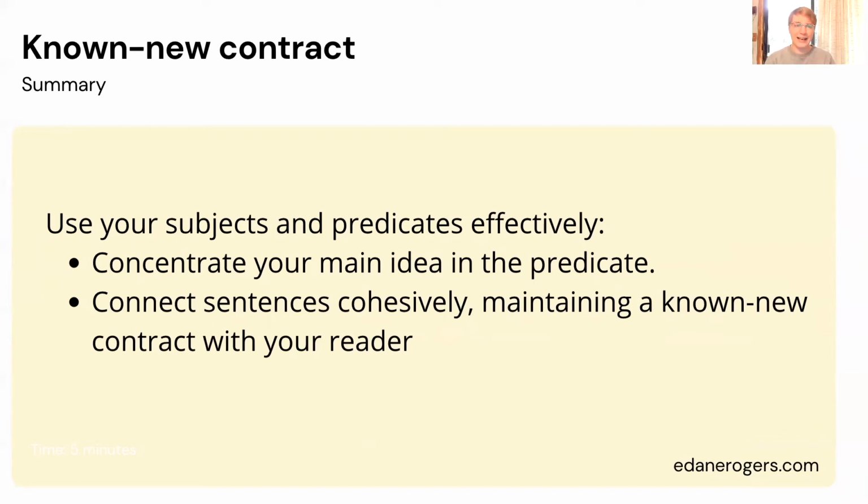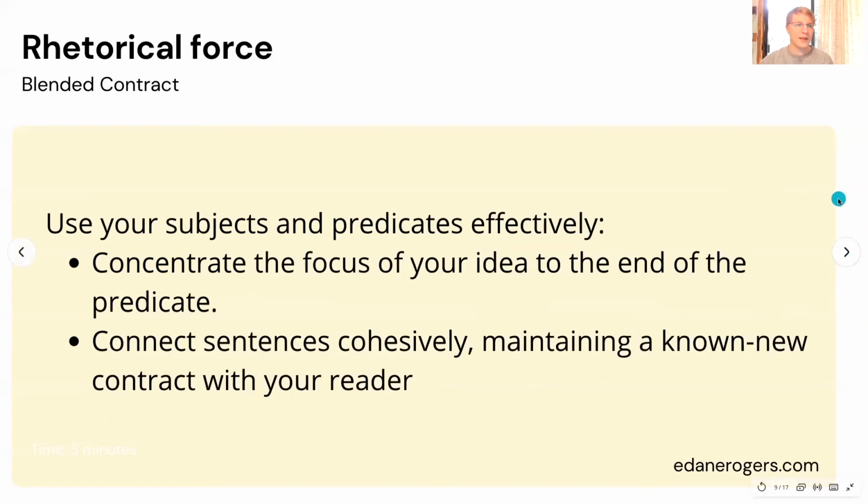And then we want to connect our sentences cohesively, maintaining some sort of a link between one sentence and the next, maintaining a known-new contract with the reader. And for our rhetorical force in a blended contract, we want to use our subjects by concentrating the focus.